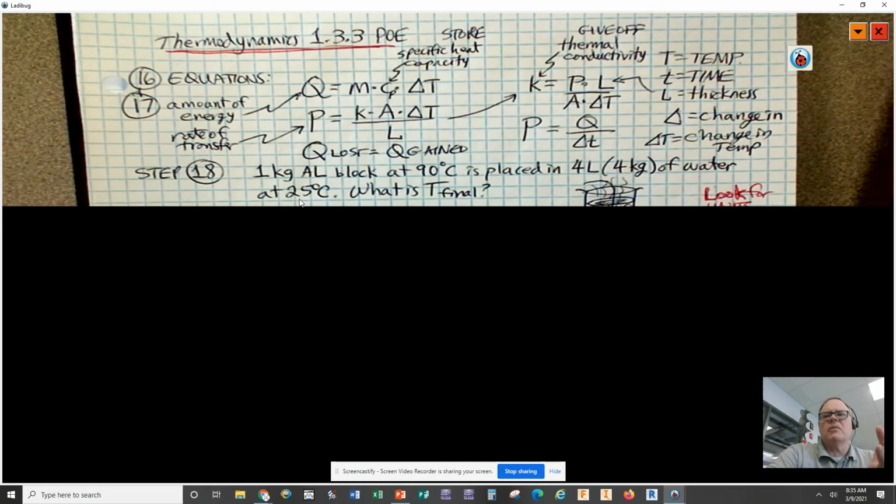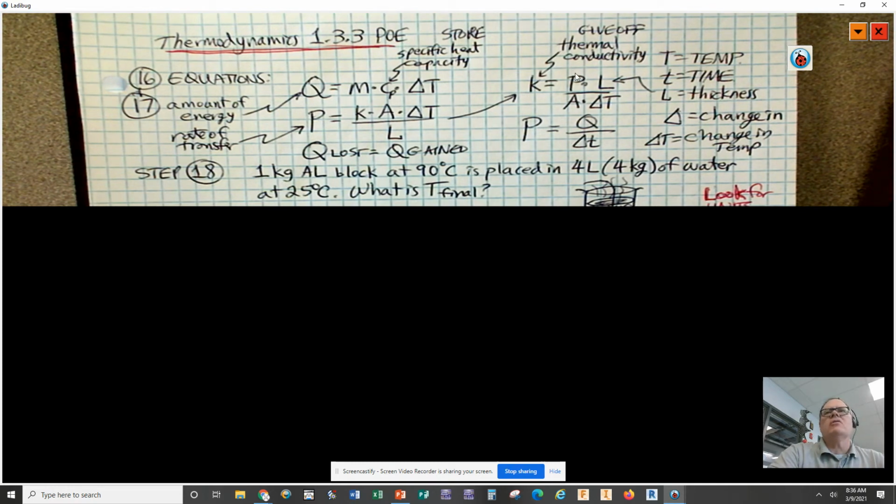So when you drop hot metal in cold water, it's going to sizzle, it's going to steam, and eventually the block and the water will be the same temperature. That's heat transfer, thermodynamics, the movement of heat. It's eventually going to steady out somewhere between 25 and 90. It's going to be your final temperature of the water and the metal after it sits long enough.